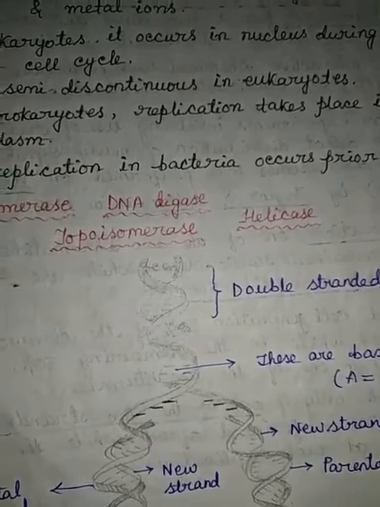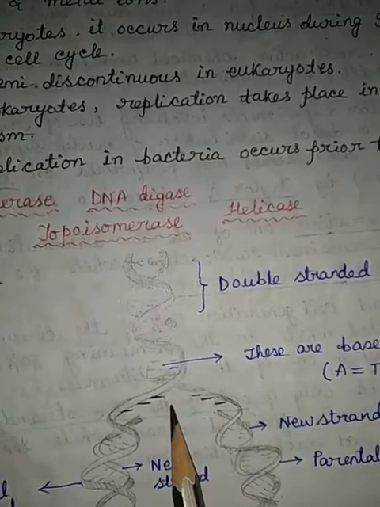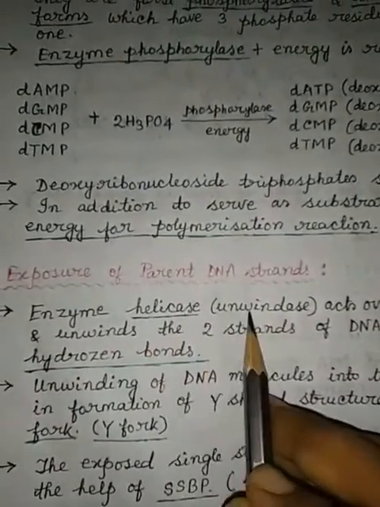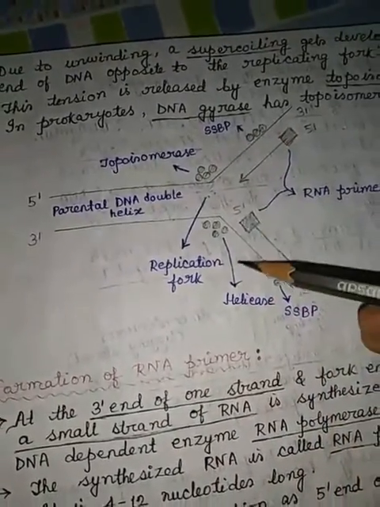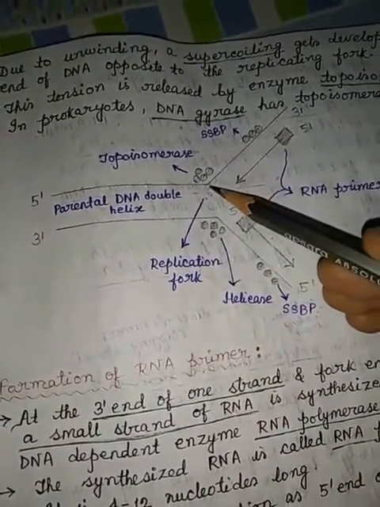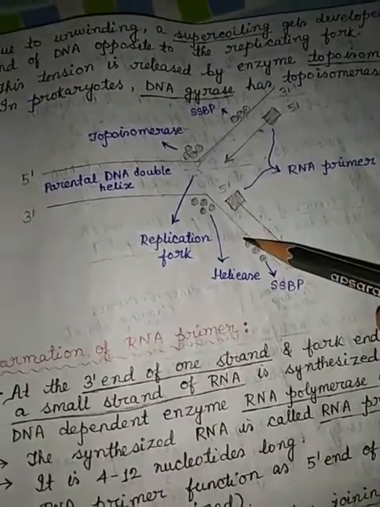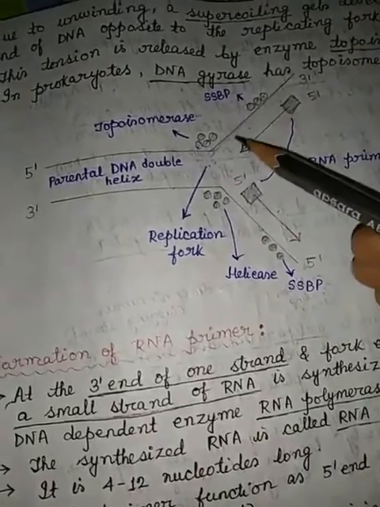Which enzyme helps to break this hydrogen bond? The enzyme helicase or unwindase. In this way the DNA helicase acts over there so that it becomes unwound, means exposure of the two strands.